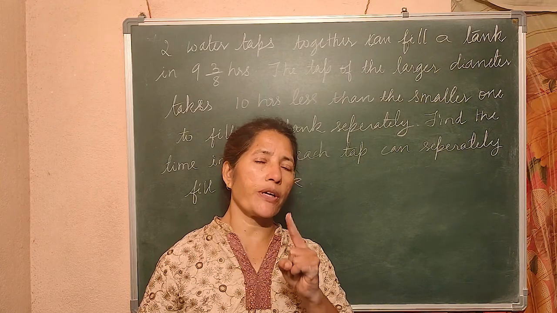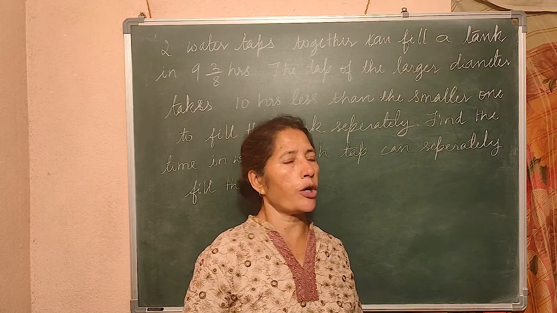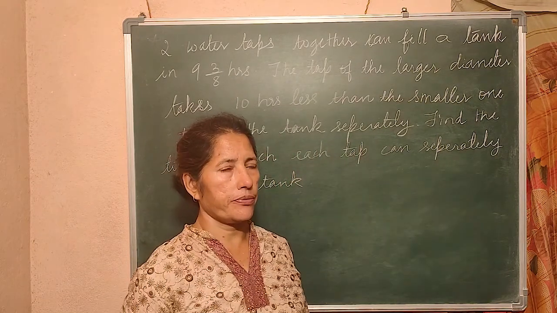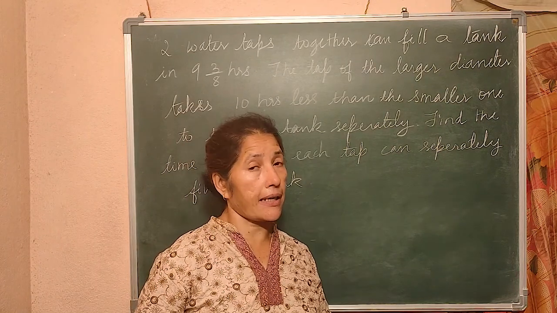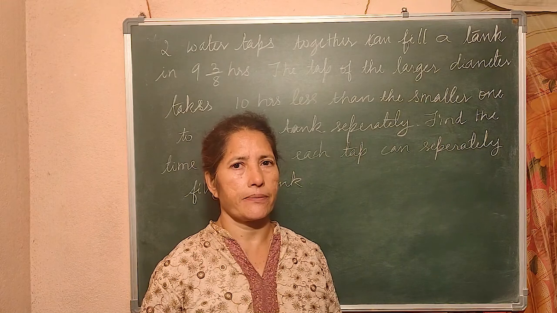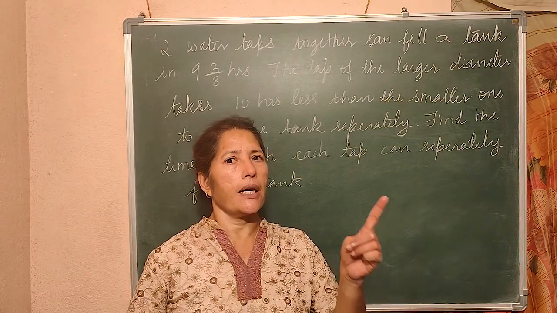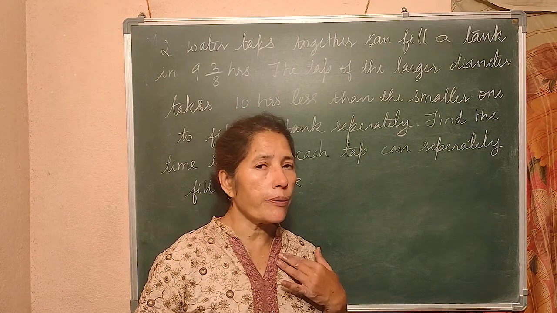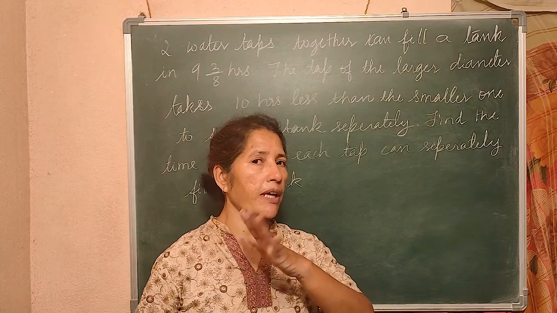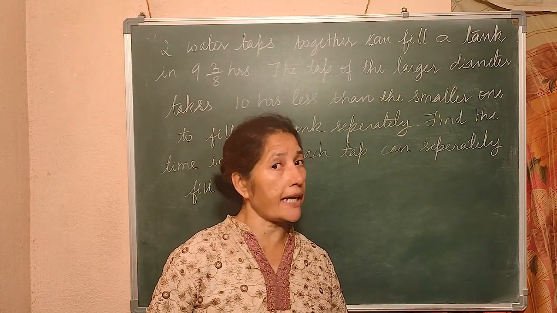So now try to understand my question like this. Suppose I want to clean a compound and I can clean it in 4 days. Now I want to do that work in 1 day. What do I have to do? I have to take another 3 people along with me, totally 4 people. Then I can finish the work in a day.